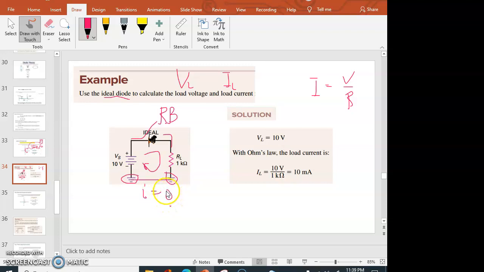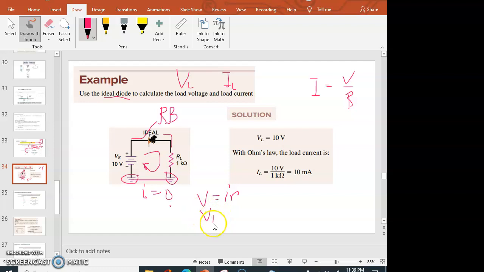Why? Because there is an open. Why is there an open? Because the diode is in reverse bias. If there is no current that flows through the circuit, then voltage is simply equal to current times resistance.